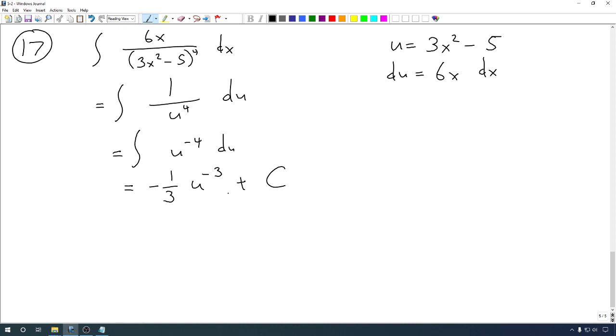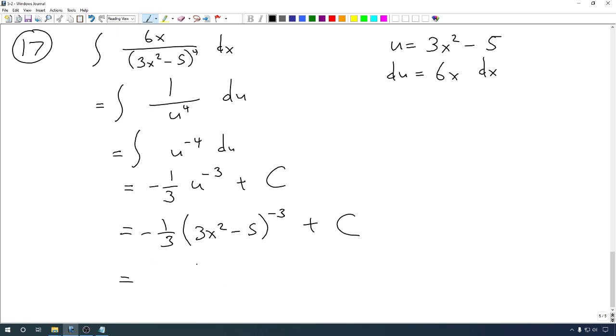I want to put everything back in terms of x, so this u that I have here is going to change back into a 3x squared minus 5. So I have the negative 1/3, but now I have a 3x squared minus 5 to the negative 3 power. And if you really want to, if you want to put it back in the same way we have here, where it's a fraction, remember, this to the negative 3 power just means that this is to the 3rd power on the bottom.